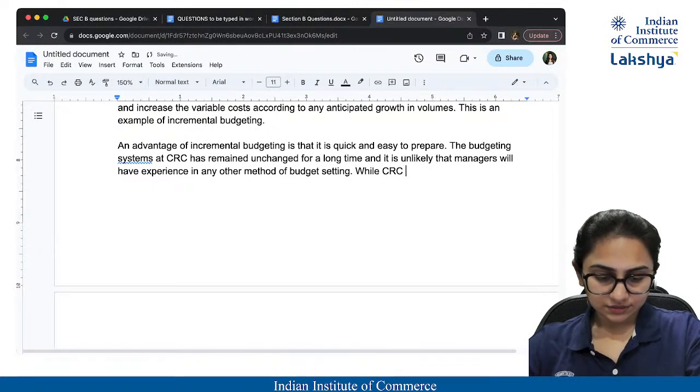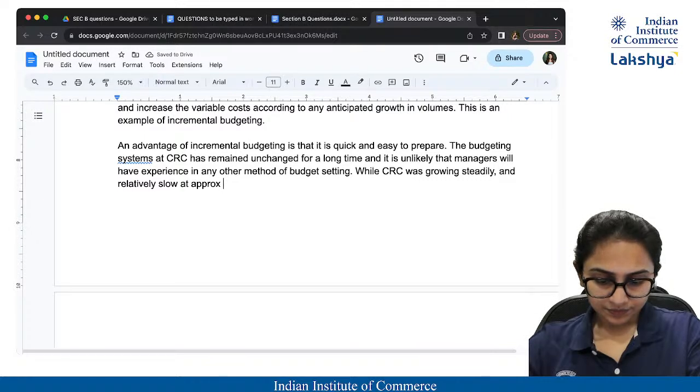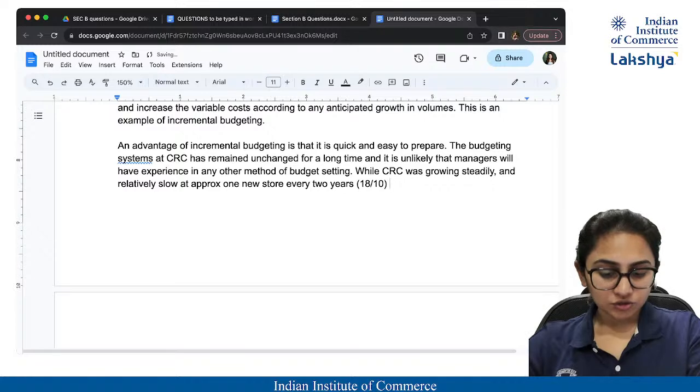While CRC was growing steadily and relatively slowly at approximately 1 new store every 2 years, because it did 18 stores in the last 10 years, that is 1.8, so approximately 2 stores.